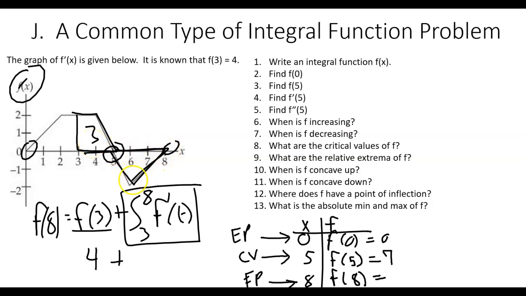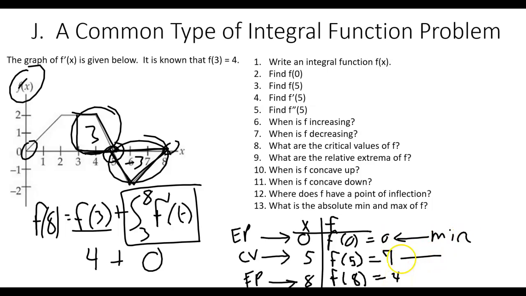And then this one here, this triangle, has a base of 3 and a height of -2, so that's -3. Notice I said it's negative because it's below the x-axis. And so in that case, the total area is putting these together, so you end up with 0, which is 4. And so as you guys can see here, this is my absolute minimum, and this is my absolute maximum. And that's how you find absolute mins and absolute maxes.